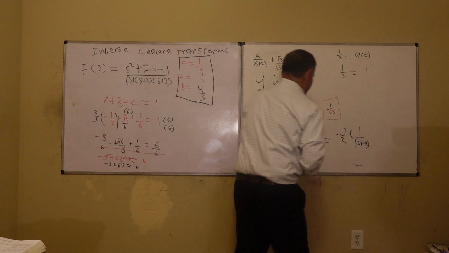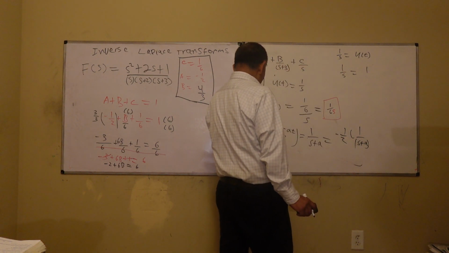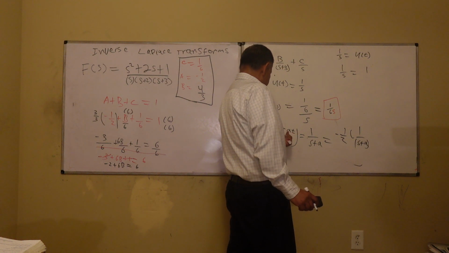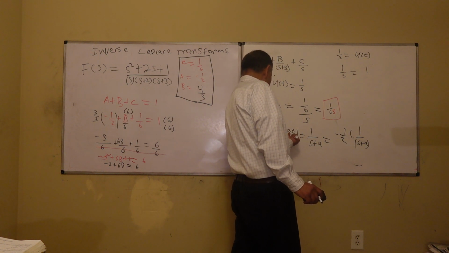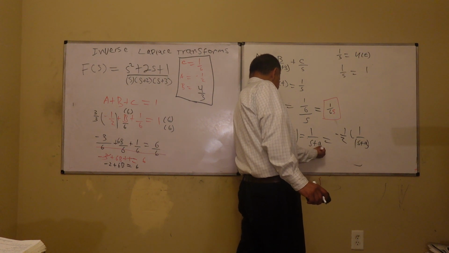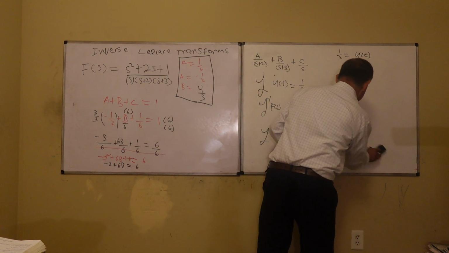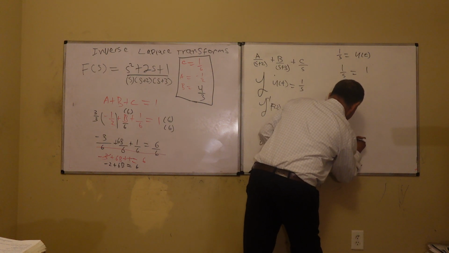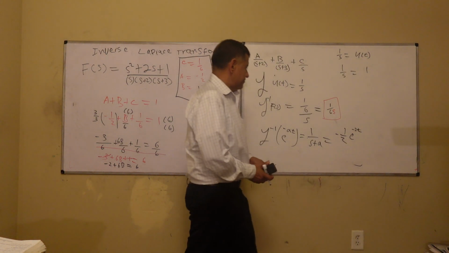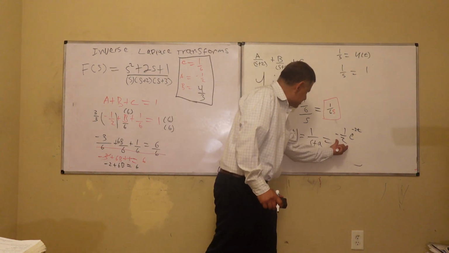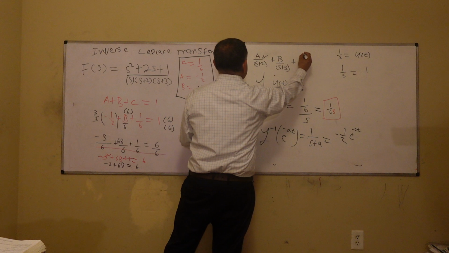But a was 2, and that a gets transformed according to this. That a goes to the top. So now I replace a with 2, giving 2t. Now that guy is taken care of.